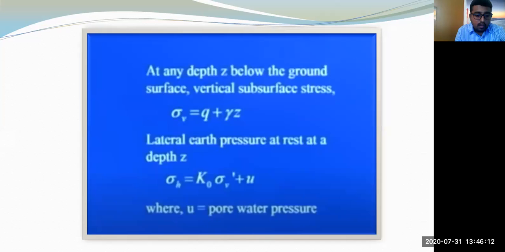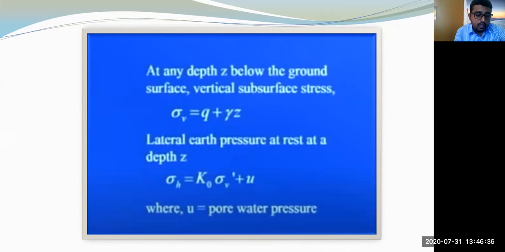Now, first of all, before finding the lateral earth pressure at any particular depth, we need to find out the vertical effective stress at that particular depth, because if you simply multiply the vertical effective stress by the coefficient of lateral earth pressure, it will result in the lateral earth pressure.